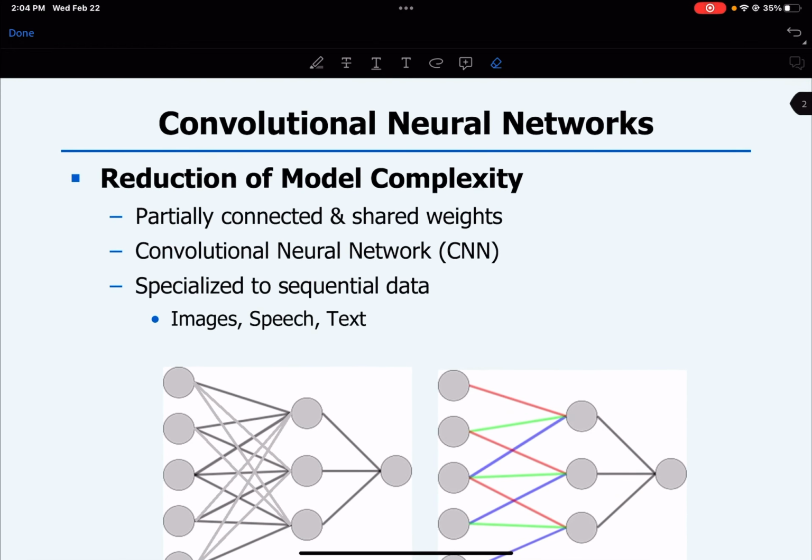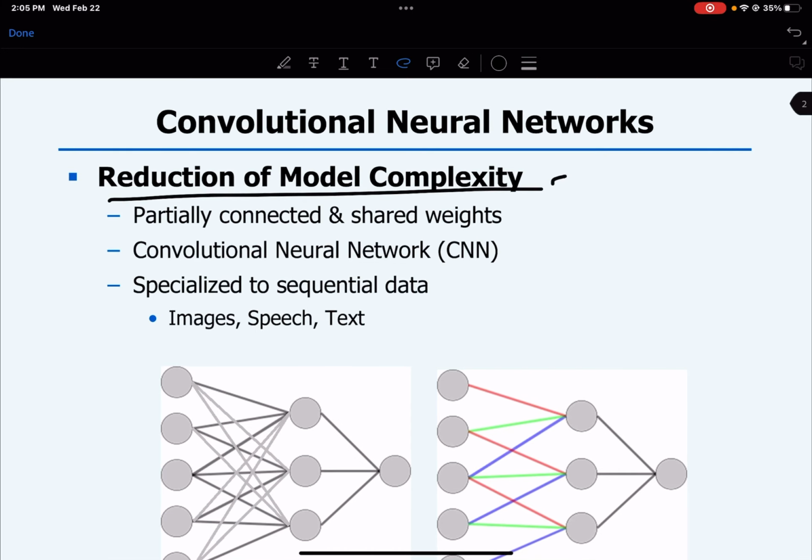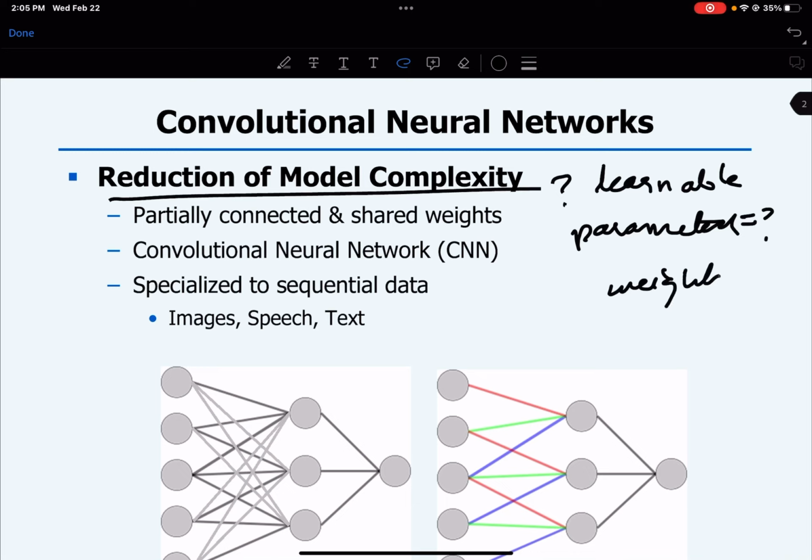And why are they used? They have the property that they can reduce the model complexity, because not all the nodes are connected to the next layer via links. We have a partial connectivity. This reduces the model complexity. Why? Because we are reducing the learnable parameters, the weights in the links.